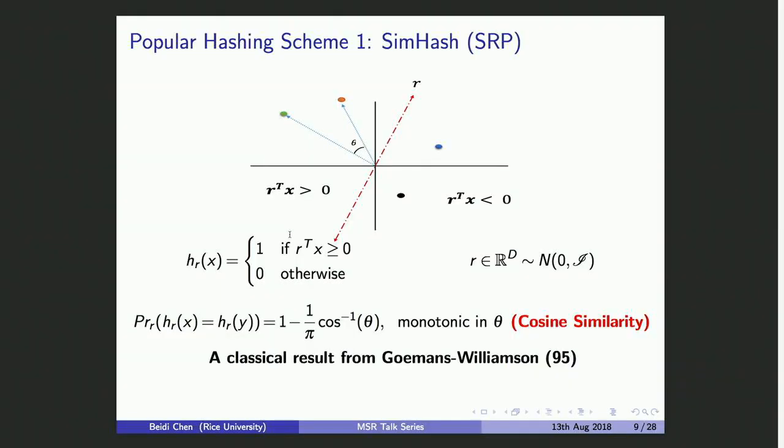And then you do the inner product of this random vector with both of the vectors. And you will get a result. If that is larger than 0, your hash code is 1. If it's less than 0, your hash code is 0. So in this way, what's the intuition behind it? It's a random hyperplane. If the two vectors are very close to each other, they're likely to have the same hash code.